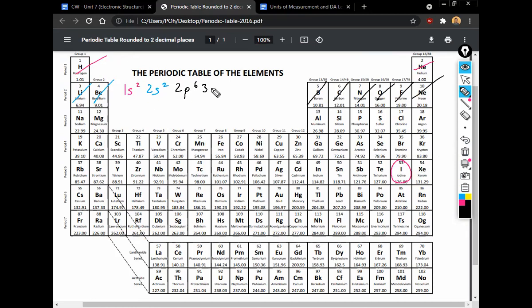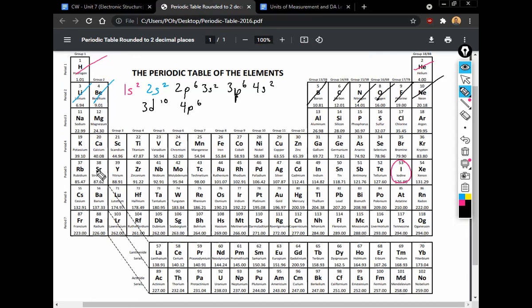We got 3s2. We got 3p6. We have 4s2. Now we have this section right here, the d subshell. Is it going to be 4d? No, it has to be 3d, and if you count them, there are 10. Then we go to 4p, and there's going to be 6. Almost done.